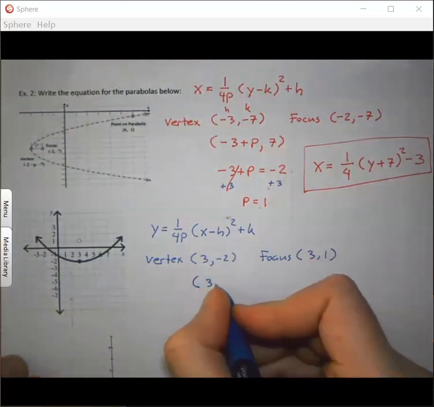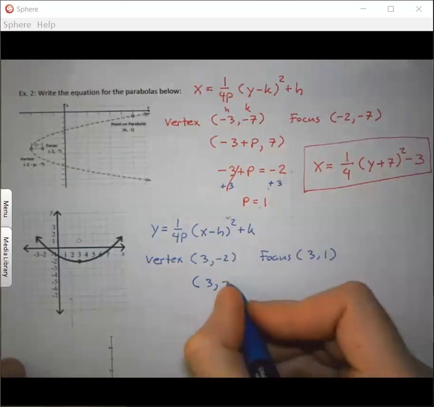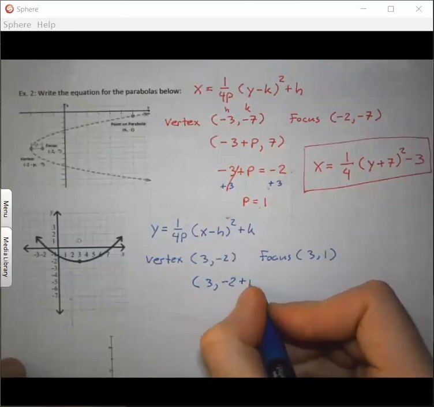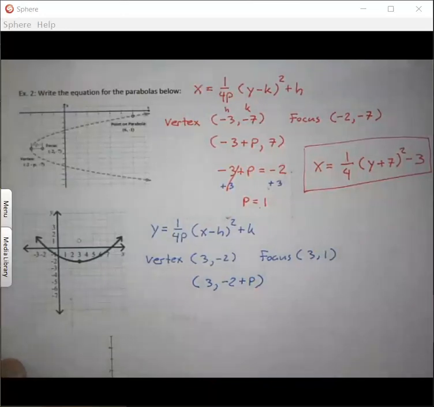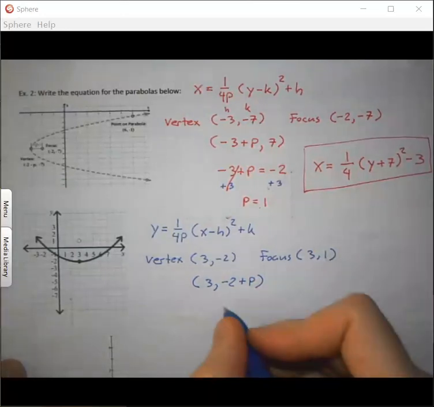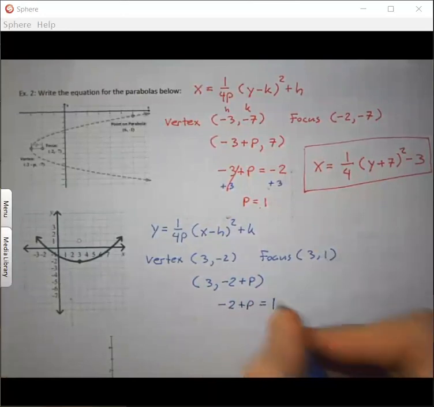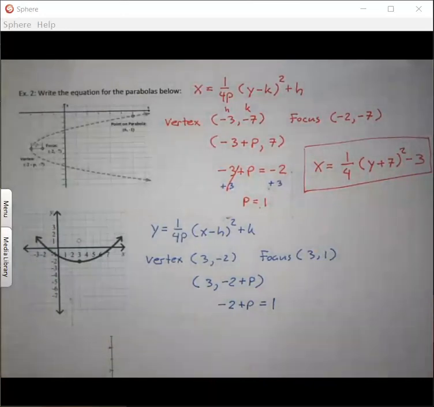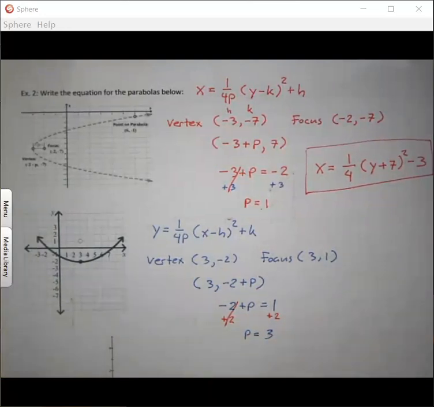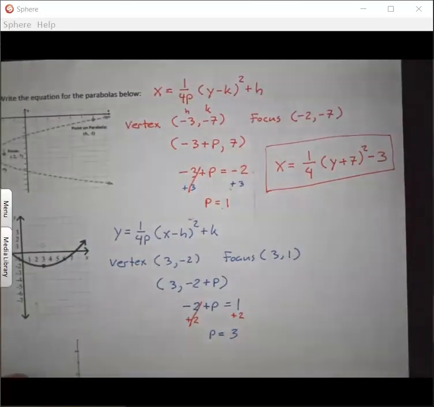So we'd say 3, and then to go to our focus, we do minus 2 plus some p. But again, we know where our focus is, so our minus 2 plus p we know needs to equal 1. So now we can write the equation.